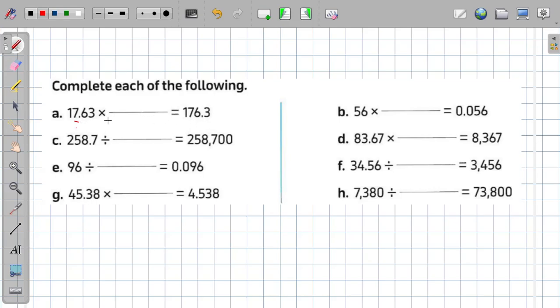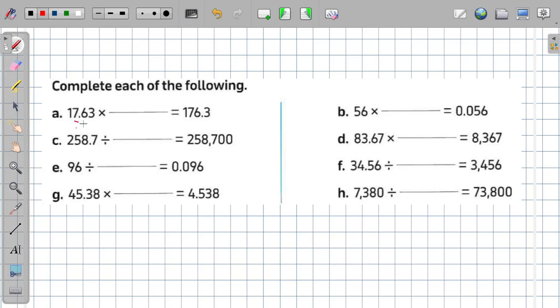So we multiply by one of the powers of 10, like 10, 100, 1000, or maybe 0.1, 0.01, or 0.001.